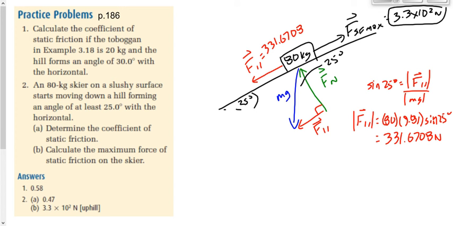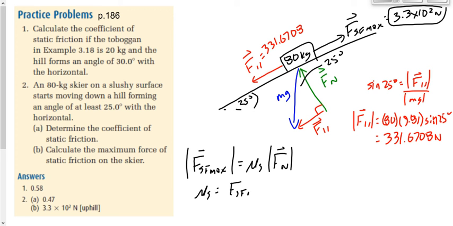B says, find the coefficient of static friction. Well, FSF max is equal to the coefficient of static friction times the normal force. If we want to find mu s, what are we going to need to find in addition to what we've already found? The normal force. Well, we can do that.